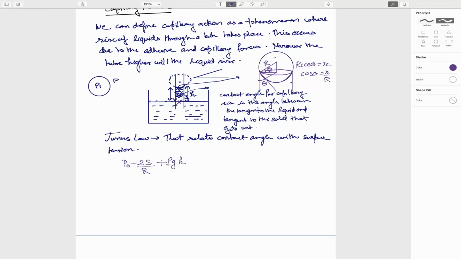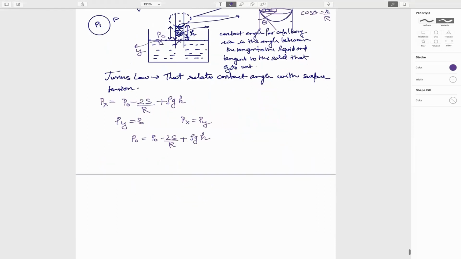So that is the pressure at this point x. And the pressure at this other point, let's call it y, is nothing but P naught. So Py is P naught, and we know Px is Py. So that comes out to be P naught equals P naught minus 2s by R plus rho g h.